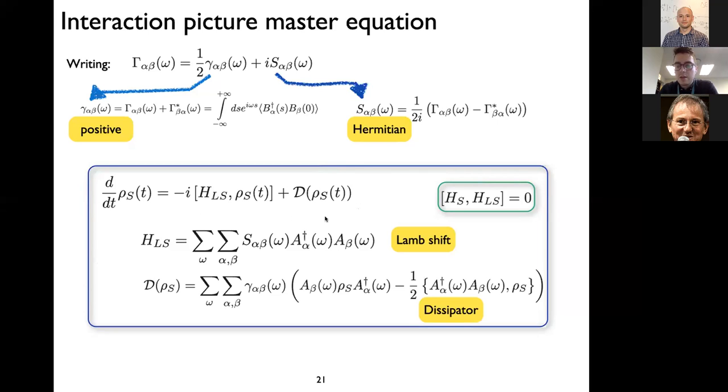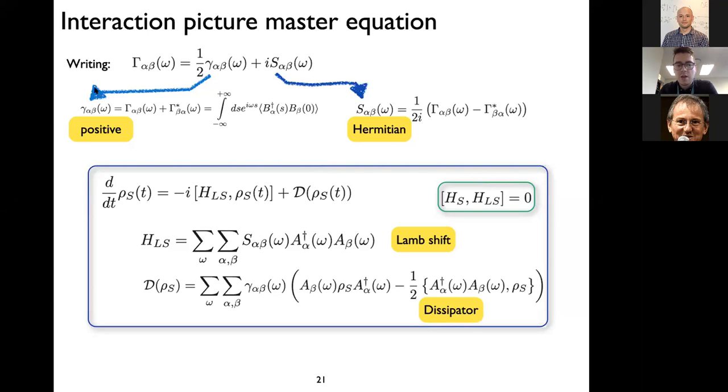The conditions for this generator were that this first term, so this operator appearing in this first unitary term, was Hermitian, and that the coefficients that appeared in the second term, so these gamma coefficients, formed the elements of a positive semi-definite matrix.